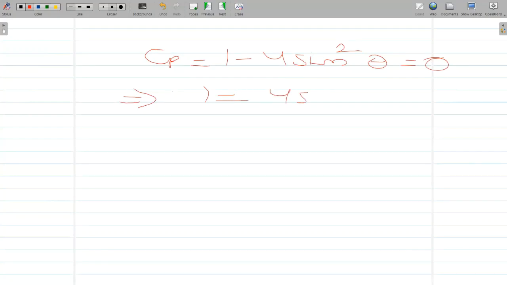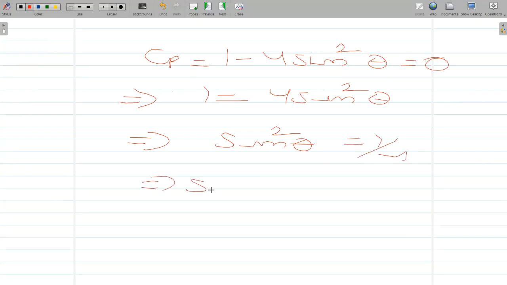So 1 is equal to 4 sine square theta, and that implies sine square theta is equal to 1 by 4, and sine theta is equal to plus minus 1 by 2. So wherever sine theta is plus minus 1 by 2, I can say that V equals V infinity.